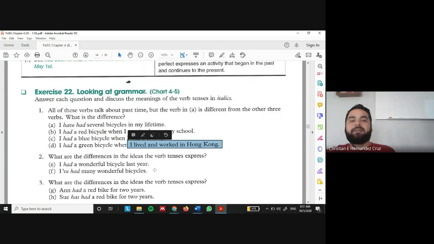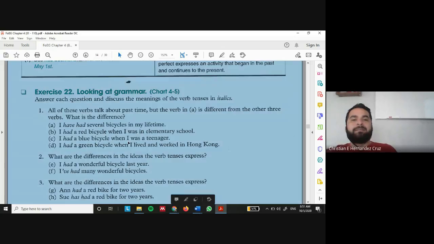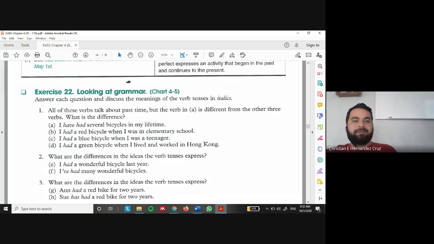Once again, we're specifying the color of the bicycle and we're specifying at what point in time, even though it doesn't say like from the ages of 24 to 36, but it is a little bit more specific than just saying I've had many bicycles in my entire life. Okay, let's keep that idea in mind of specificity as in B, C, and D versus non-specificity, okay?